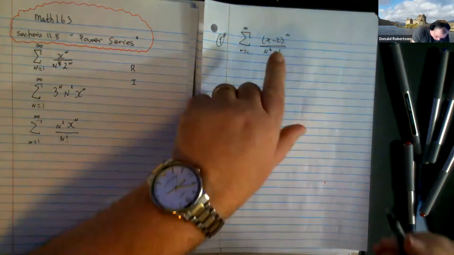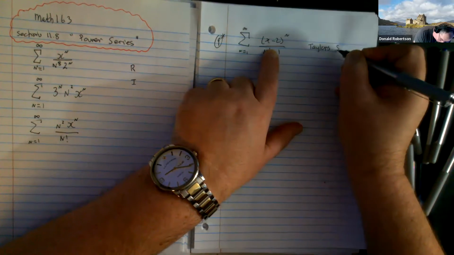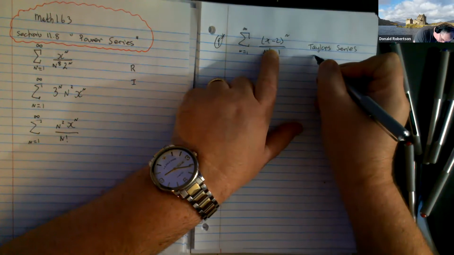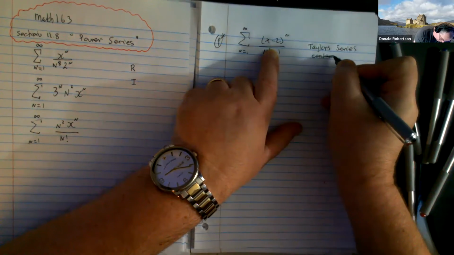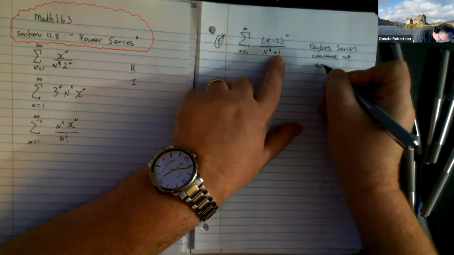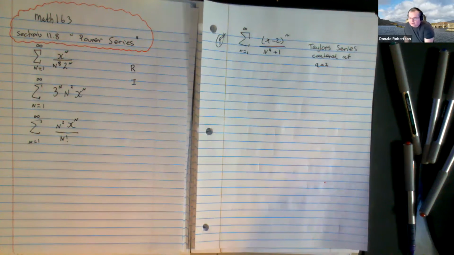So these are called Taylor series. And to be specific, it's a Taylor series centered at, well, A equals 2 is a common way of saying that. You could say centered at x equals 2 and it has the same meaning.